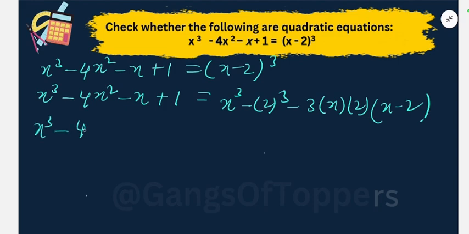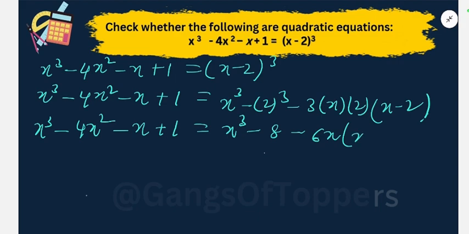So x cube minus 4x square minus x plus 1 equals x cube minus 8 minus 6x into (x minus 2), this will become 6x into x, 6x square, minus minus plus, and this will become 12x, right?